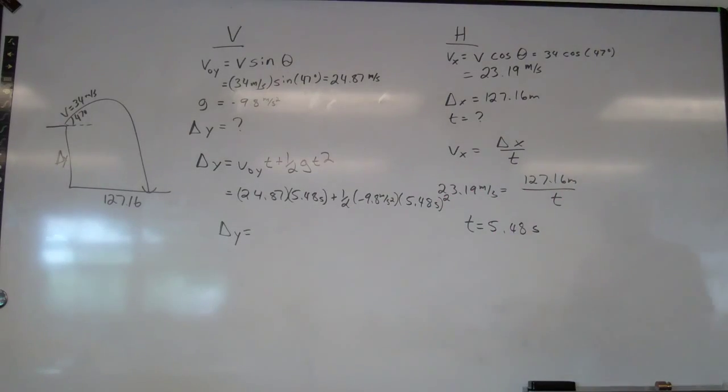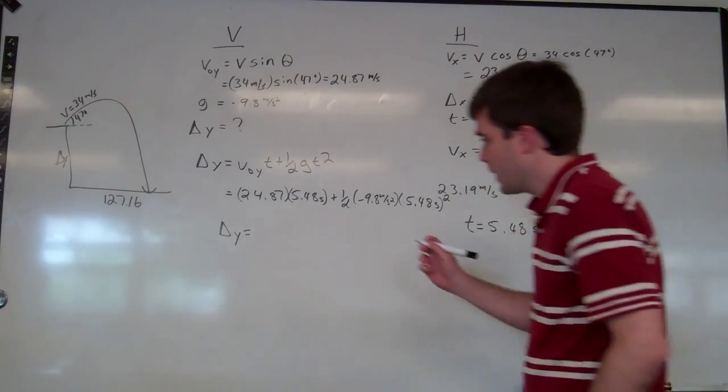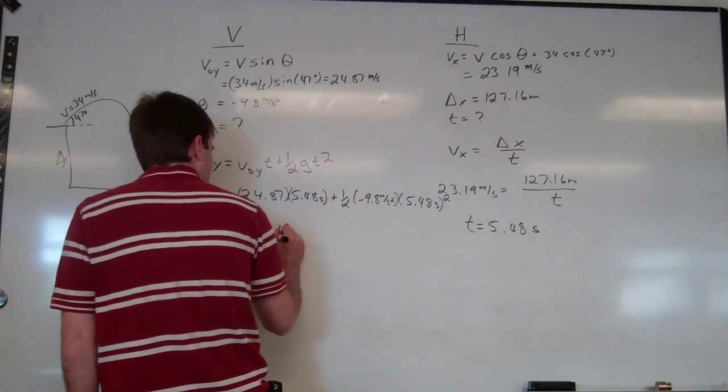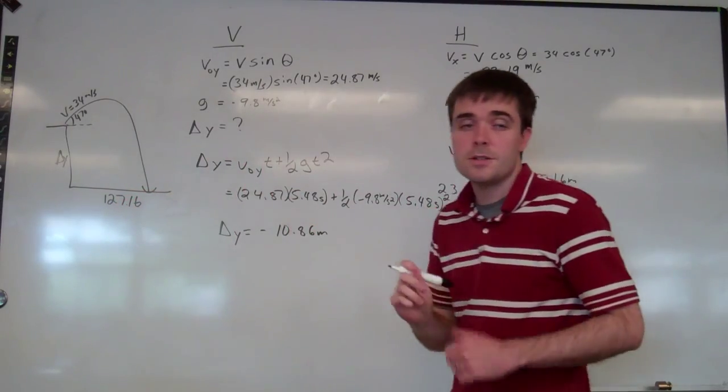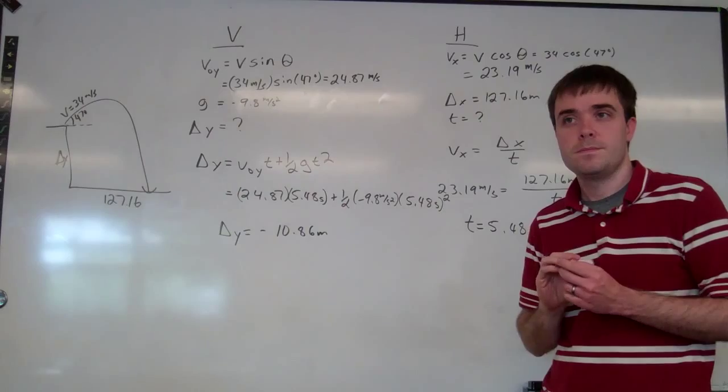And what does delta y equal? So that means it fell 10.86 meters and our cliff is 10.86 meters tall.